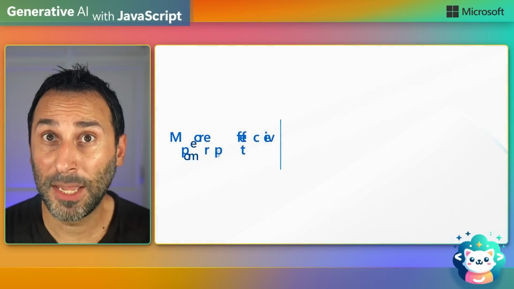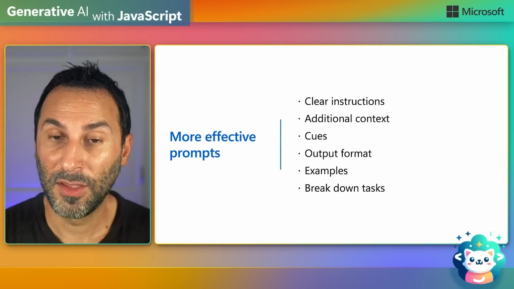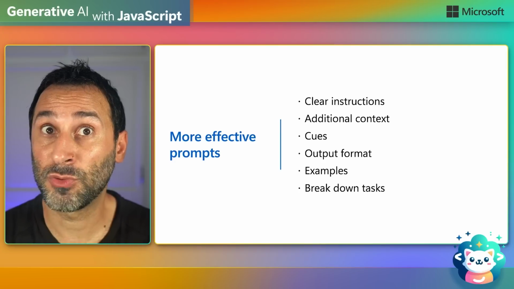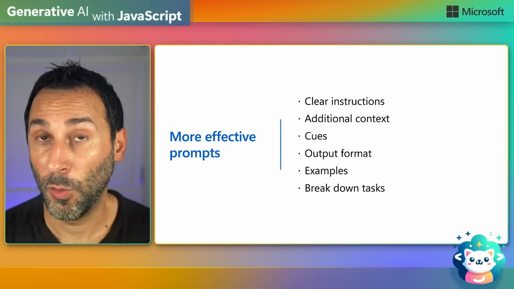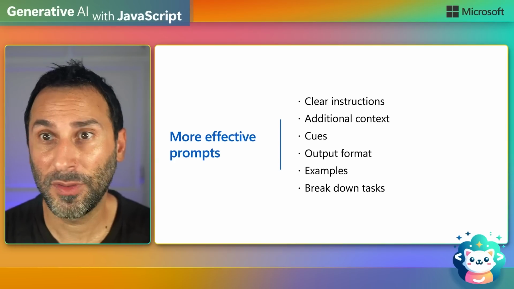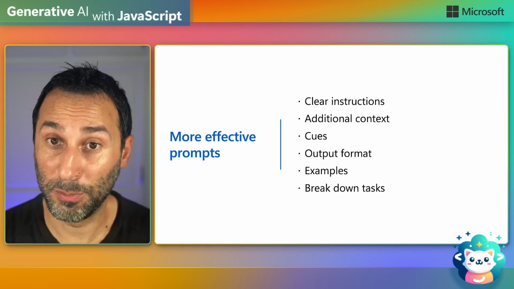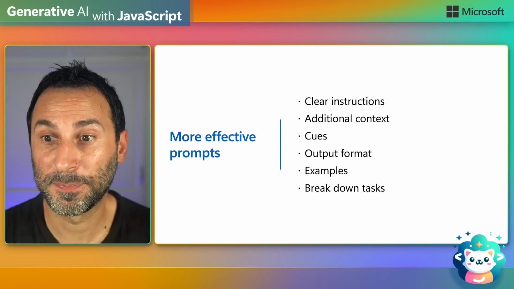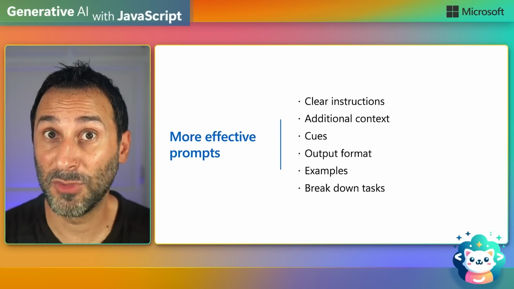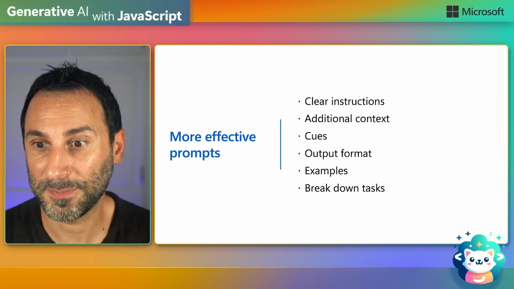Let's quickly recap the tips we've just seen to get more effective prompts. So first, be clear in the instructions that you provide. When you can, provide additional context to make sure that the AI model has everything it needs to better understand your request. Use cues to tip the model into the direction you want the answers to be.